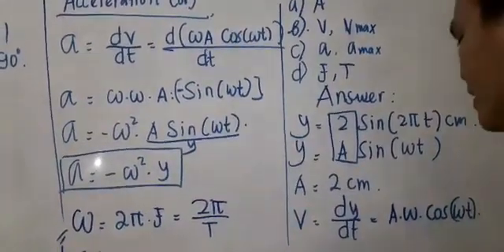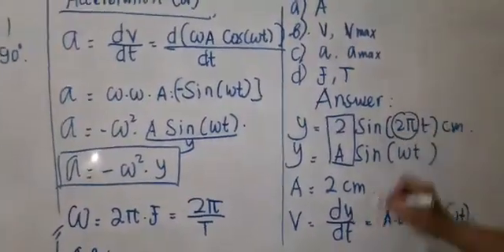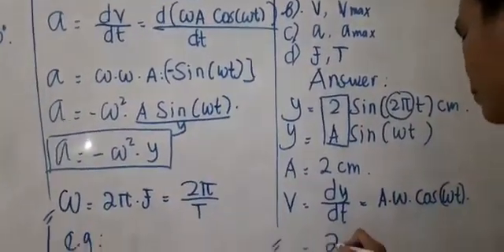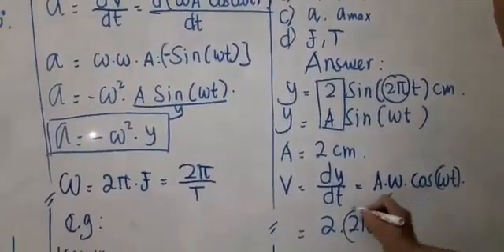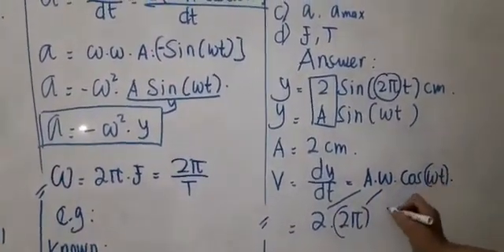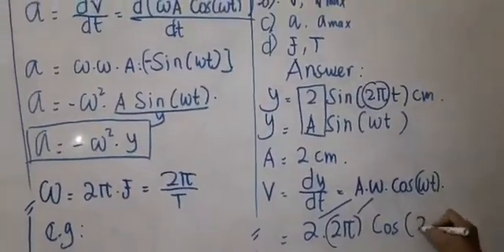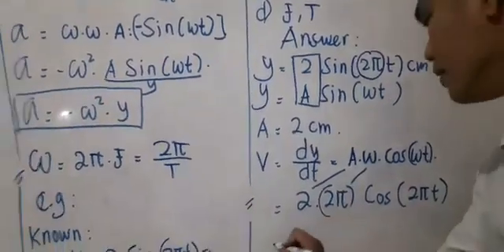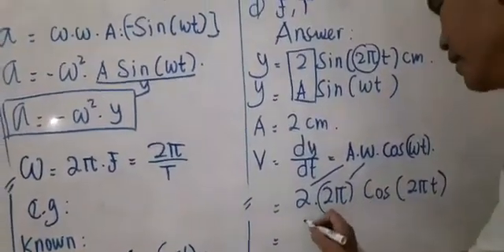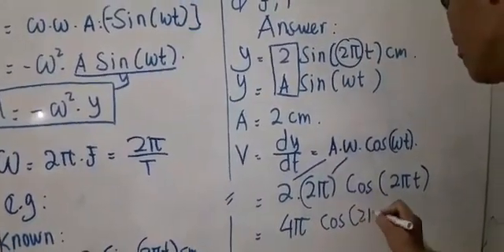Here omega is 2 pi, so it is 2 times 2 pi, which is 4 pi cos 2 pi t.